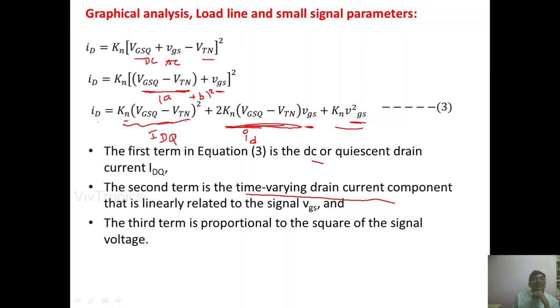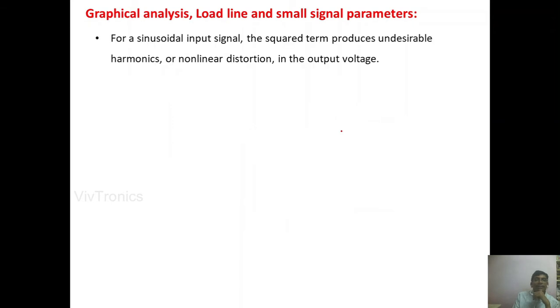When we have the DC component and AC component, we don't have any problem, but we have a problem with the third component, which is the square of the signal voltage, because for a sinusoidal input signal, the squared term will produce undesirable harmonics or non-linear distortion.